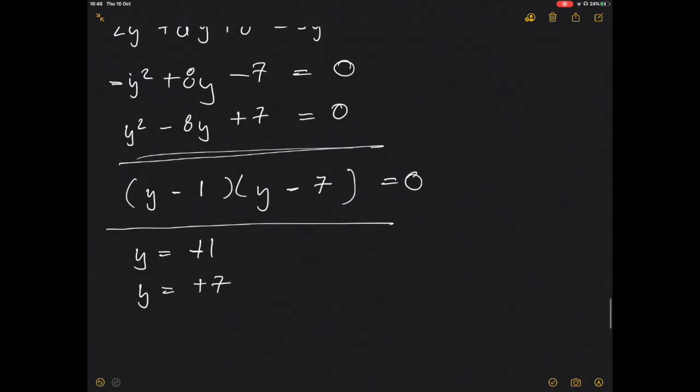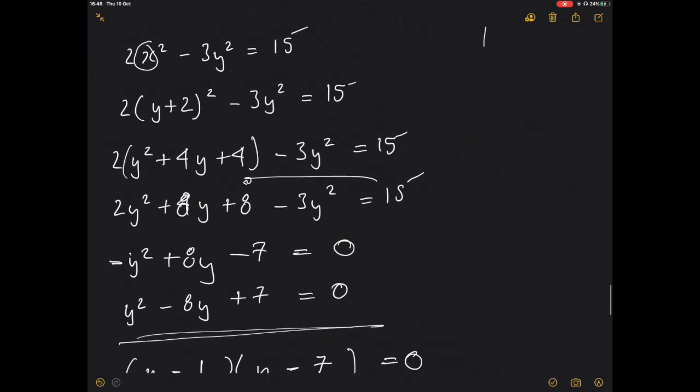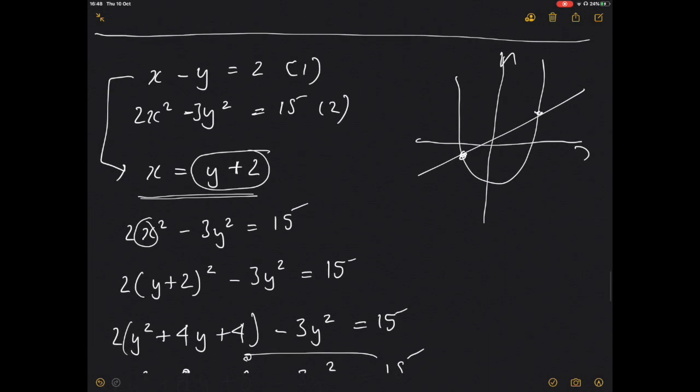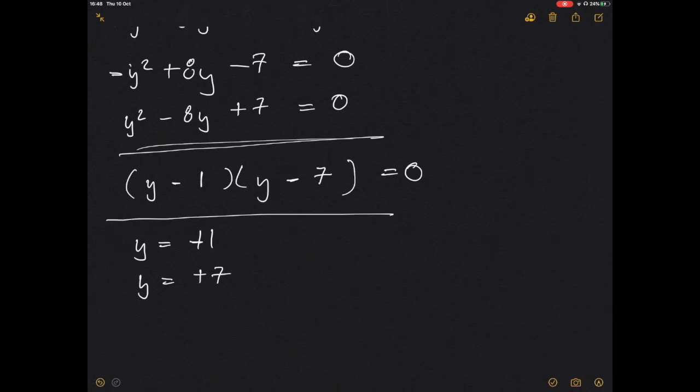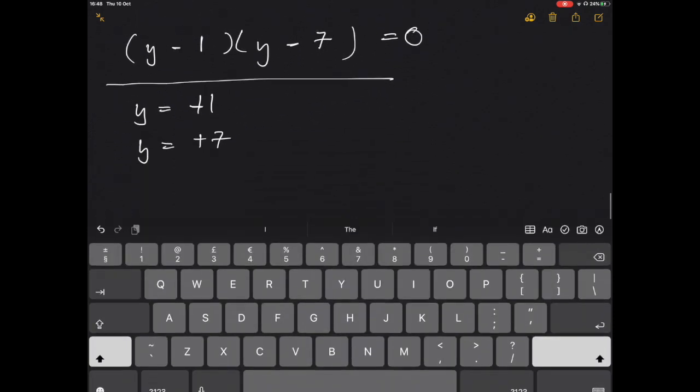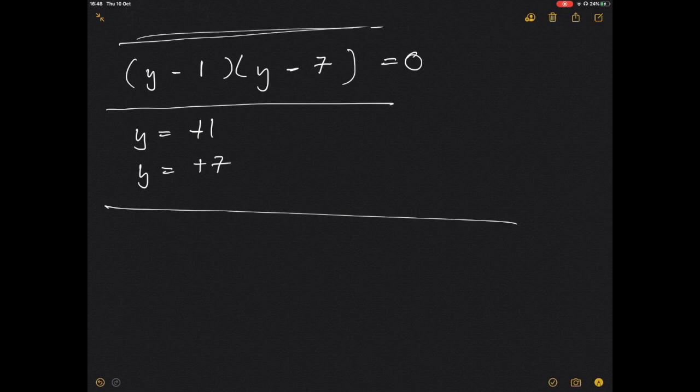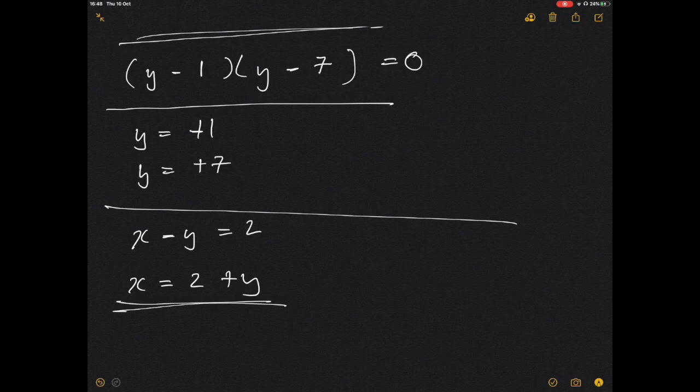Therefore, we now have two values for x as well. So if we go back to the original simple equation of x minus y equals 2, we can write that just here. x minus y equals 2, we can find that x equals 2 plus y. So we just add 2 onto these values, which makes it quite simple.